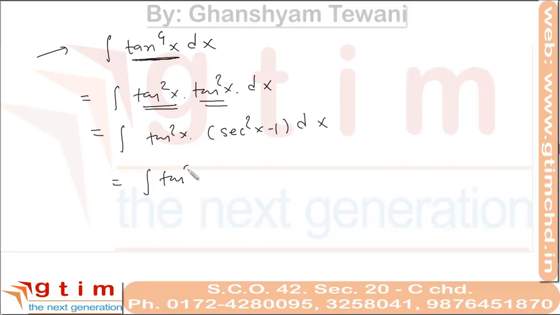This is tan square x multiplied by secant square x, minus integration of tan square x.